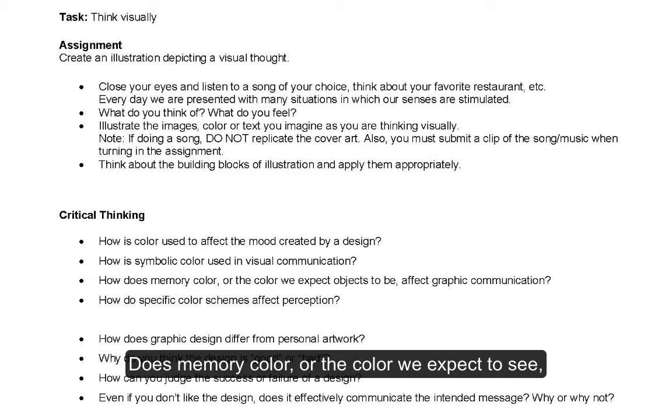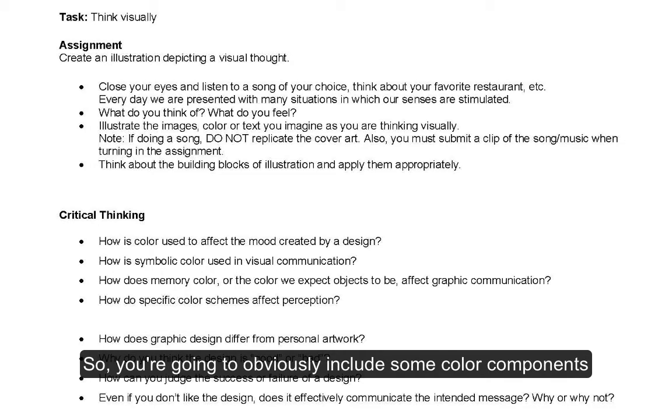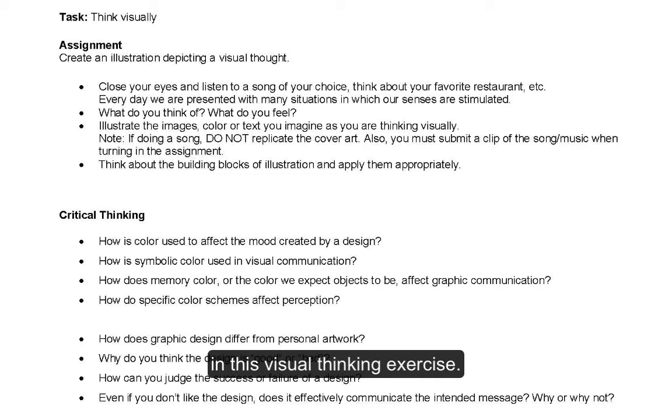Does memory color, or the color we expect objects to be, affect that graphic communication? An example, stop sign's red. What if a stop sign is green? And how do specific color schemes affect perception? So you're going to obviously include some color components in this visual thinking exercise.